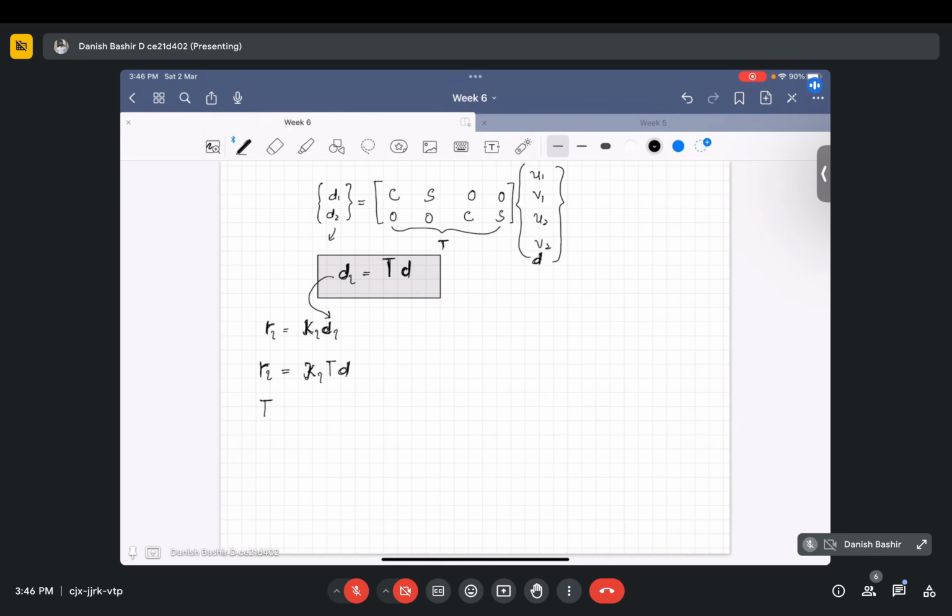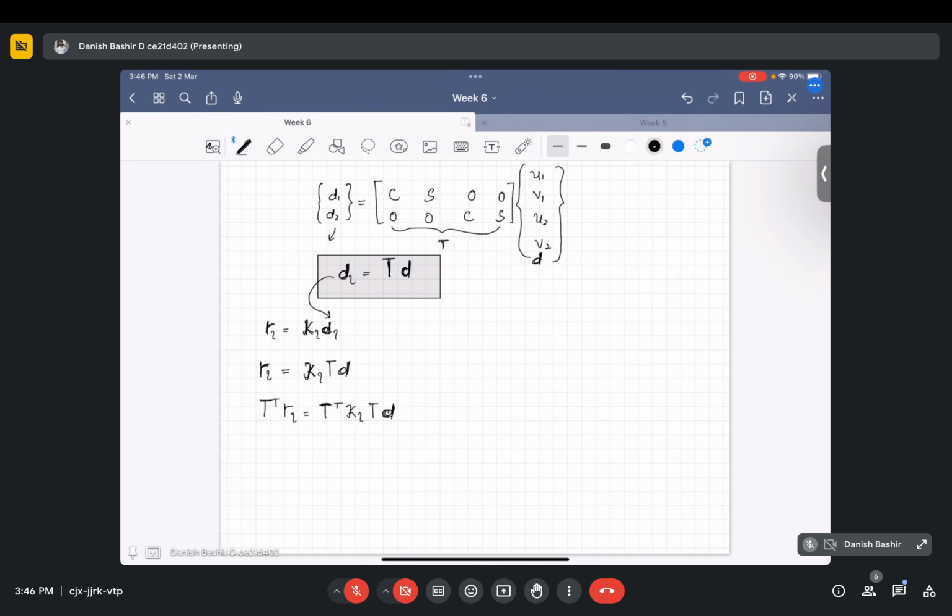T transpose RL equals T transpose KL T D, like this.